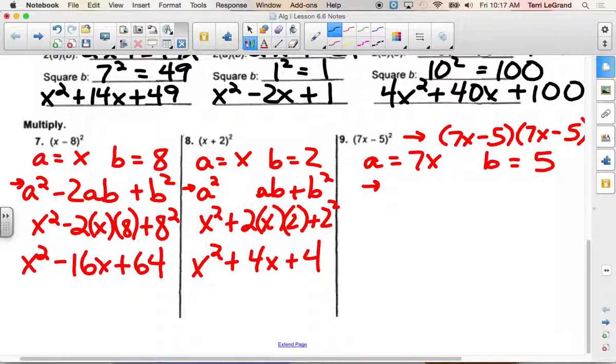Okay, a squared, subtract 2ab plus b squared. Okay, go ahead and get that one multiplied out using our shortcut. Substituting into our model.